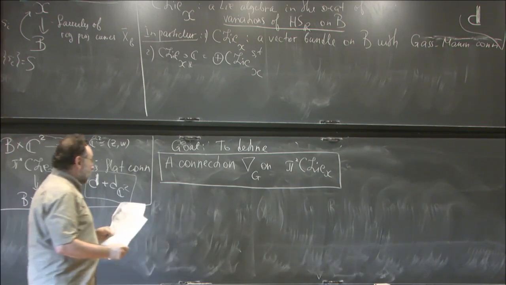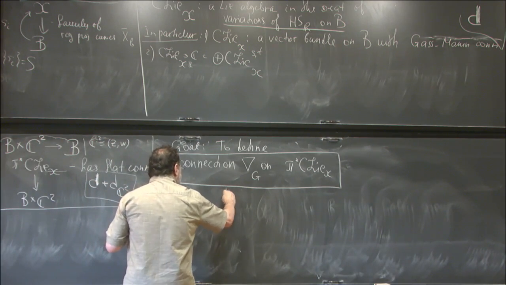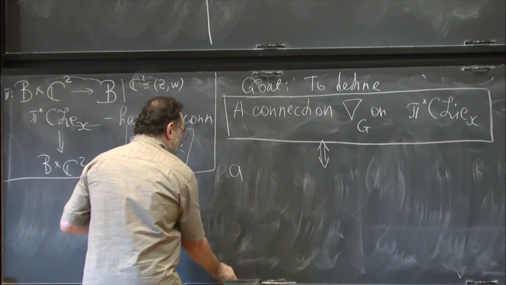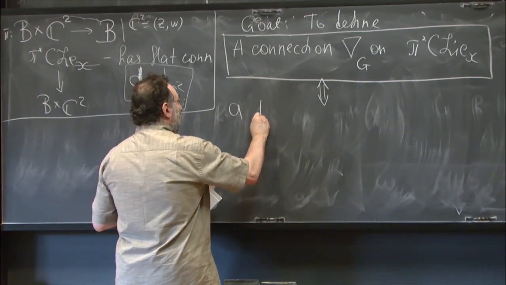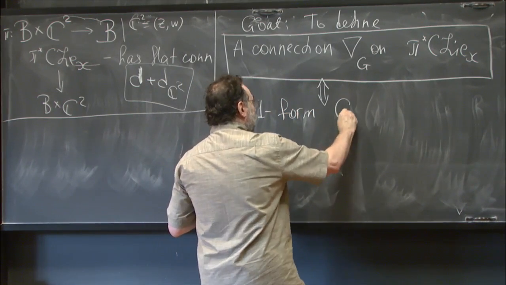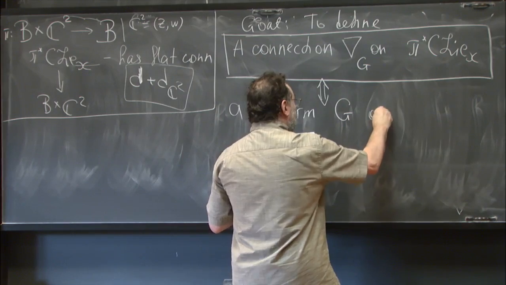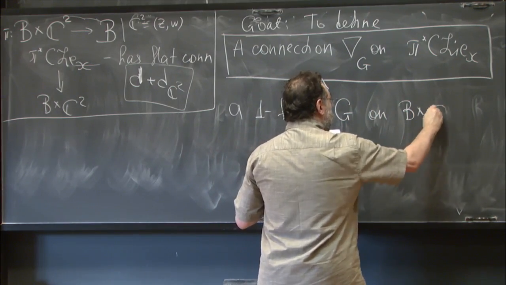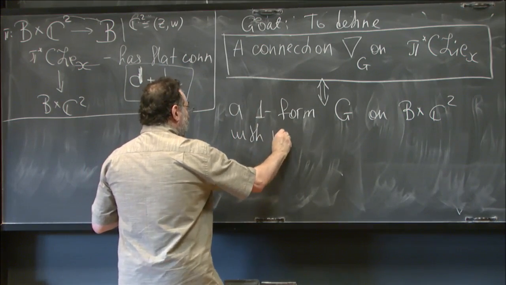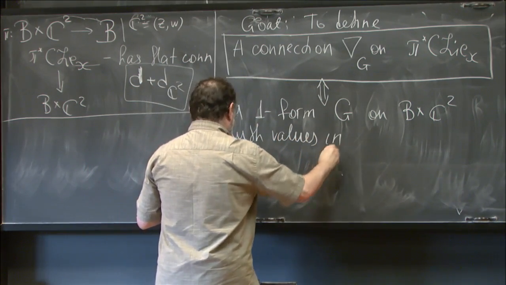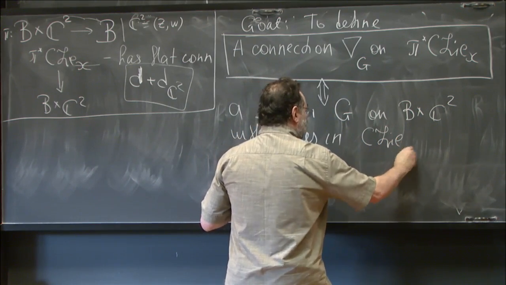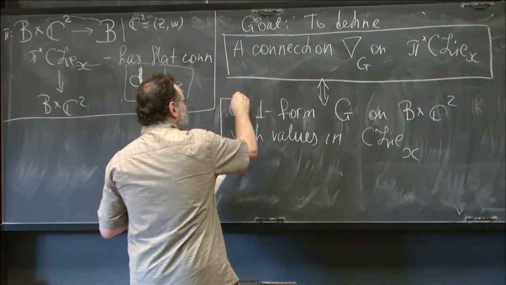And this means that my goal is the same thing as constructing the difference between these two connections, which is a one-form G, a Green form, on B cross C^2 with values in this Lie algebra. And so for now, this is the goal.